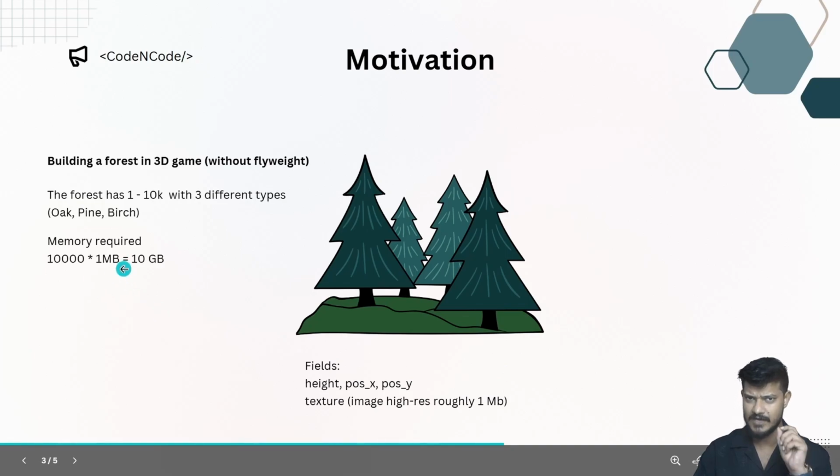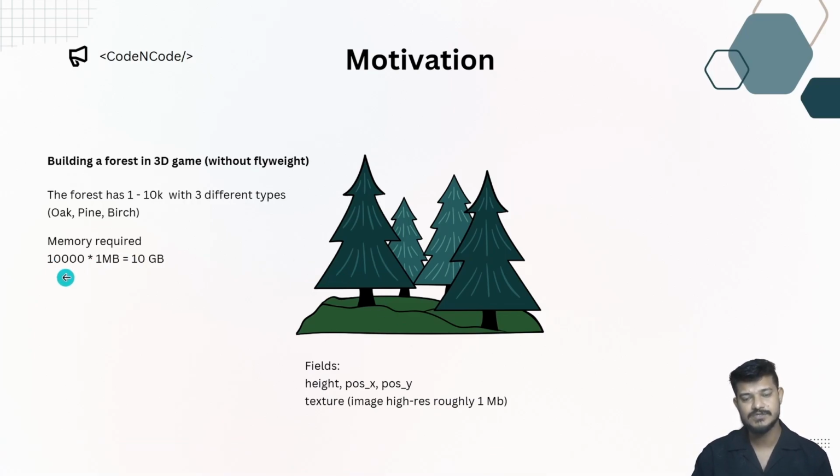For each tree I'm taking 1 MB, because 1 MB plus 12 bytes is something around 1 MB. So 10,000 trees times 1 MB is 10 GB. This much space will be required just to draw these models. You see how much space we are taking just for drawing these trees.